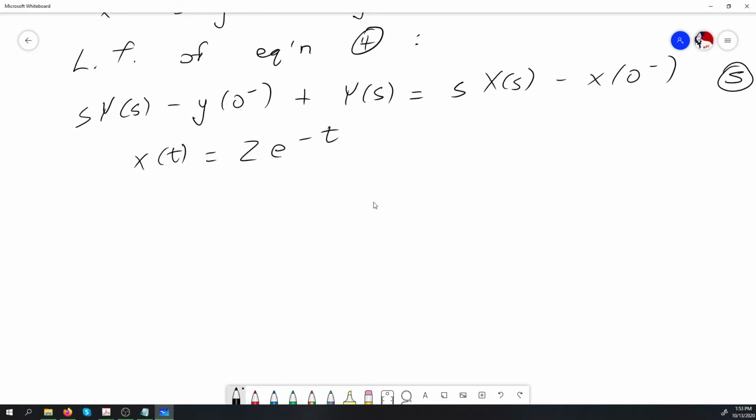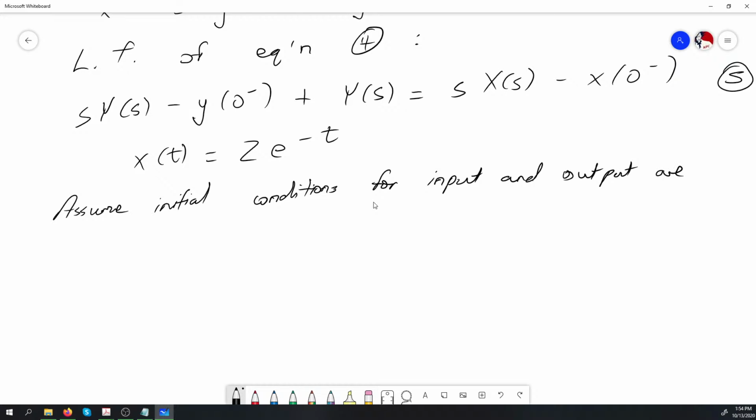We need to make some assumptions here that weren't given to us. Assume initial conditions for input and output are zero.